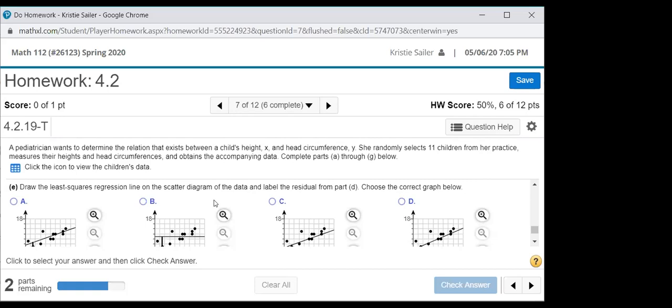Show me the regression. Second, catalog.